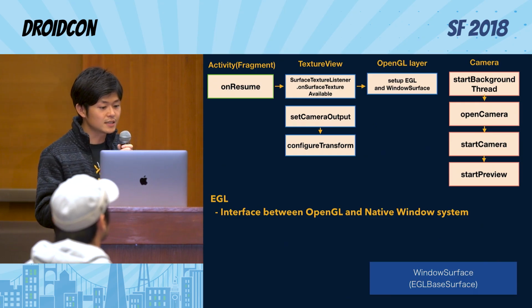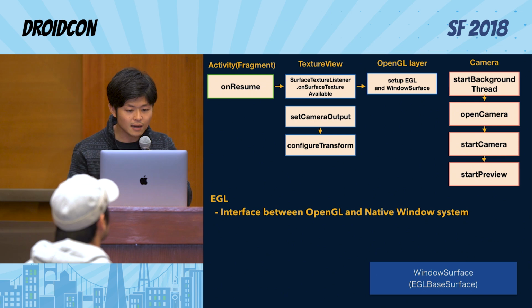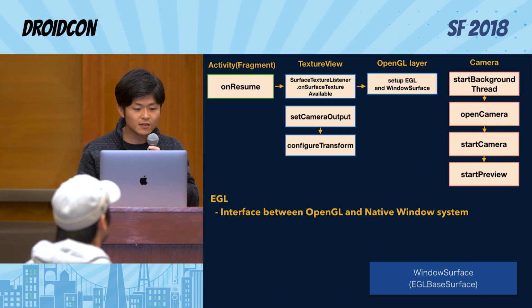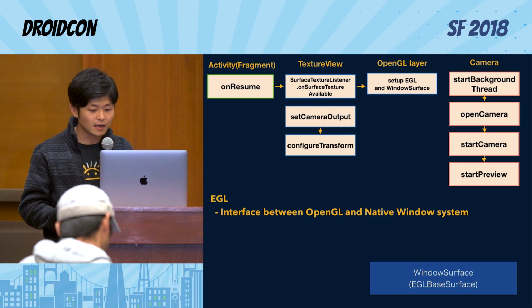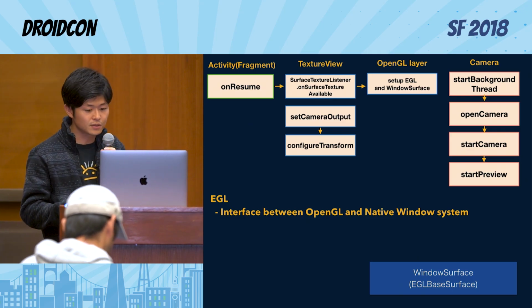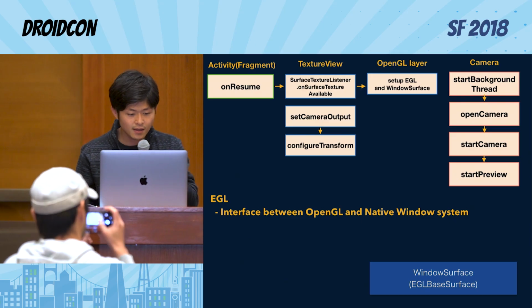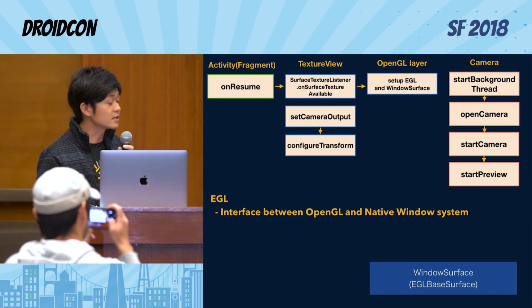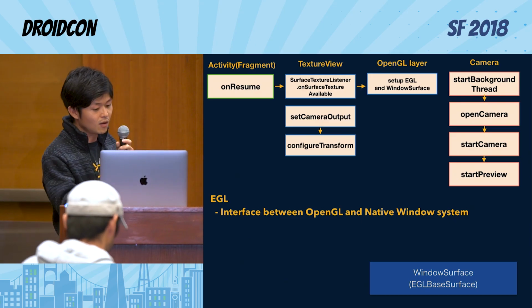First, we have to set up the EGL and the window surface. EGL is an interface between OpenGL and the native window system. It provides a mechanism for creating a render surface. This is why we need to pass a surface texture to render the OpenGL part.